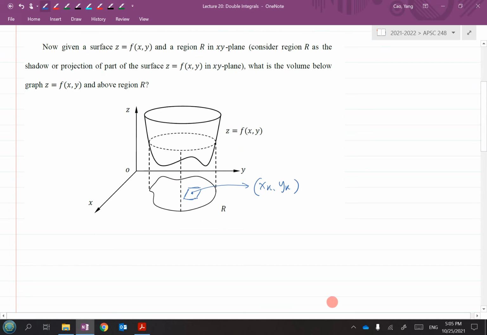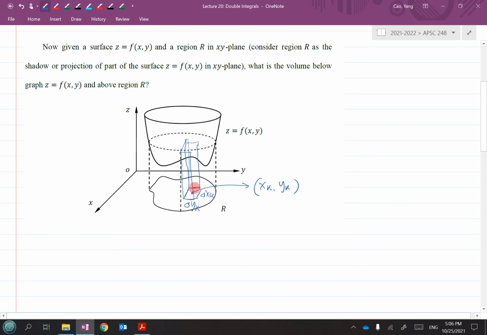By small patch, I mean you create a delta xk and a delta yk around this point. And then we can extend this patch, all the way up to the surface.